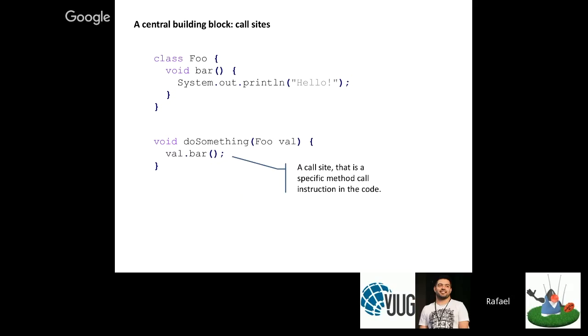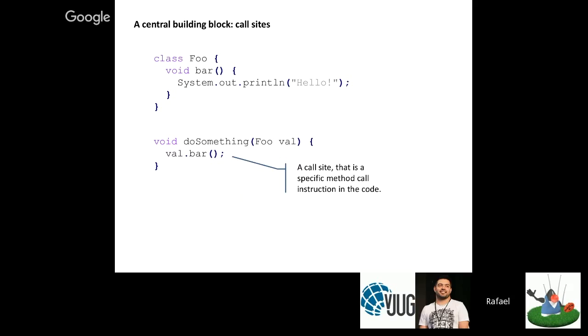And one thing that is very different in Java than in previous languages, like for example C++ or even C#, is that they don't have virtual method dispatch as a default. Virtual method dispatch means that if we call bar on foo here, we don't really know what method we call, because a subclass of foo could override bar, and then only at runtime we will find out what method we actually invoke.